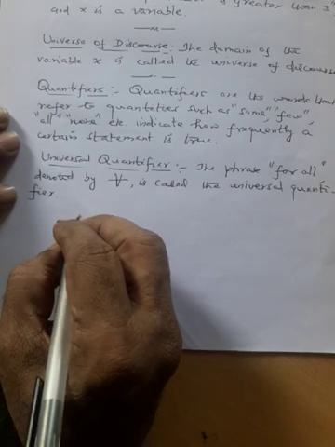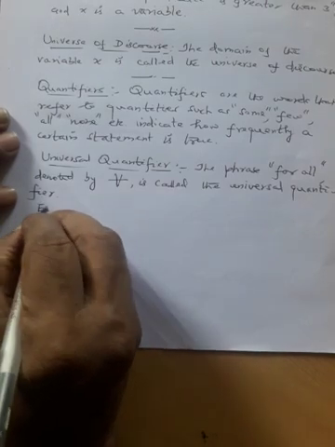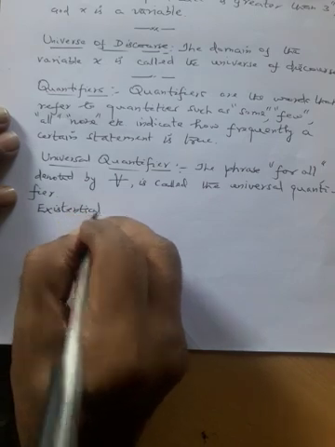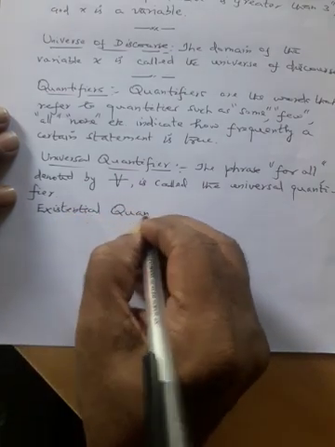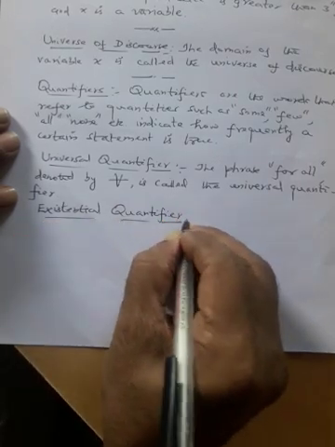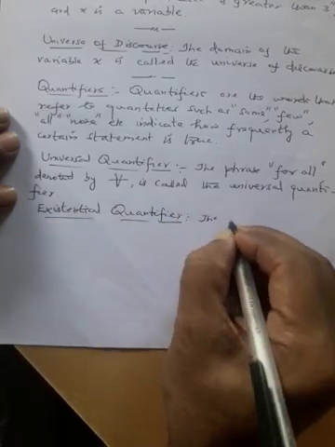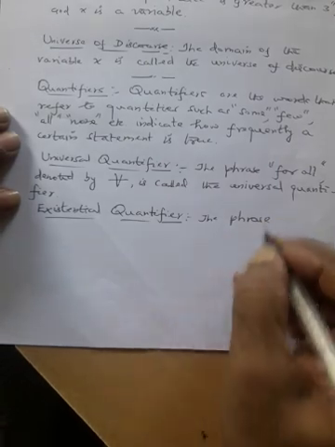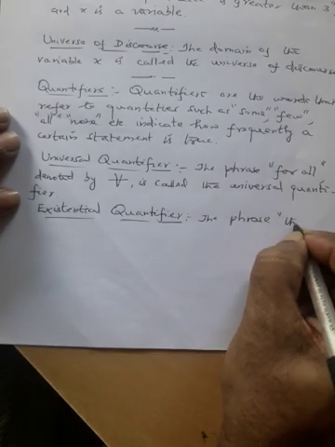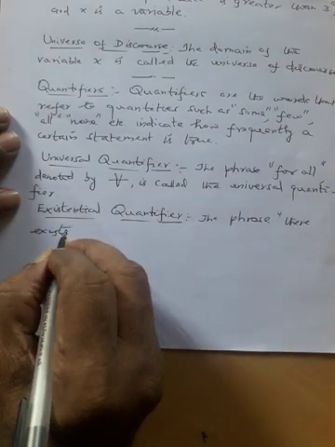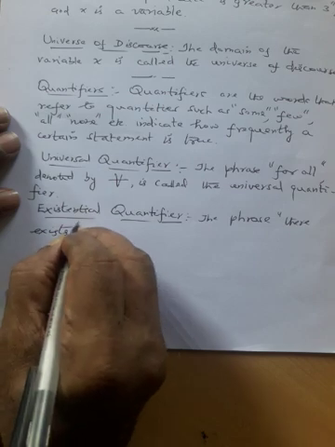The other one is the existential quantifier. The phrase there exists means at least one.